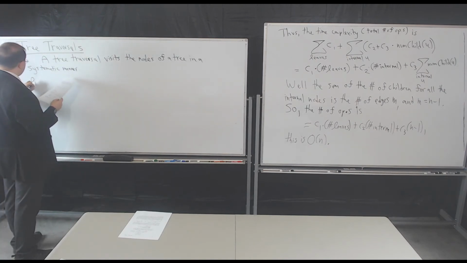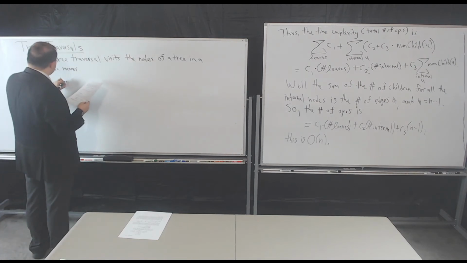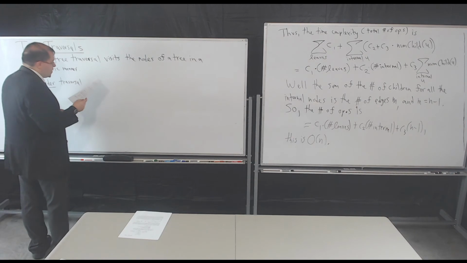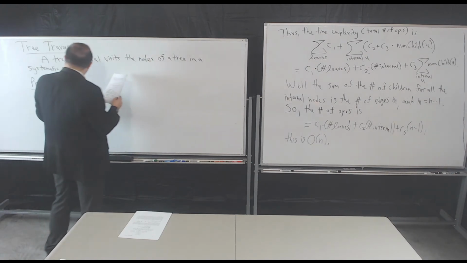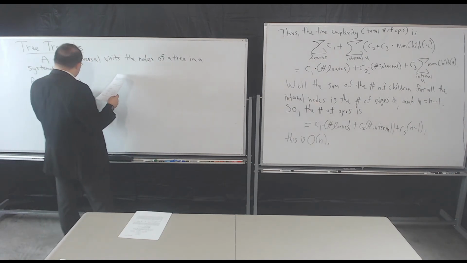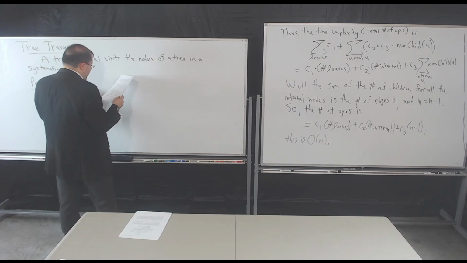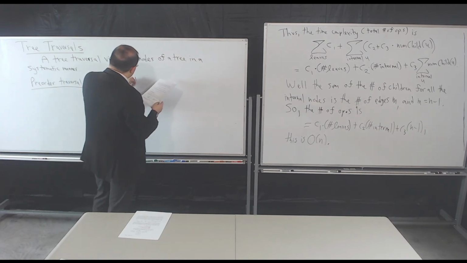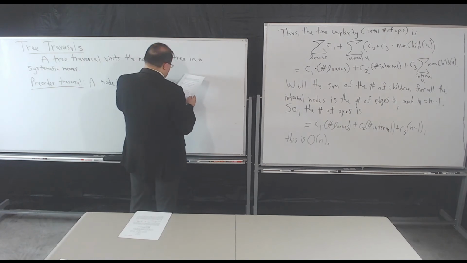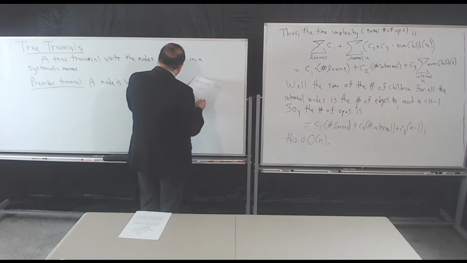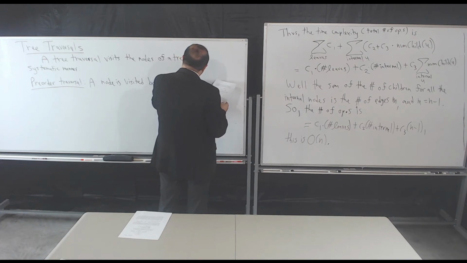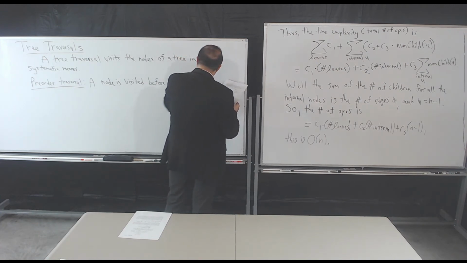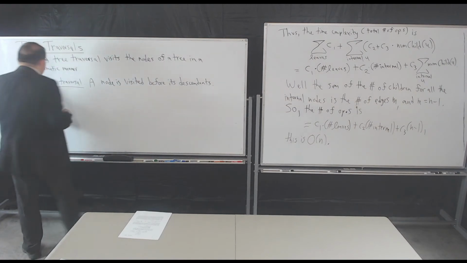You may have heard of these before. Pre-order traversal. The rule in the pre-order traversal is that a node is visited before its descendants. So hence the pre in pre-order traversal.